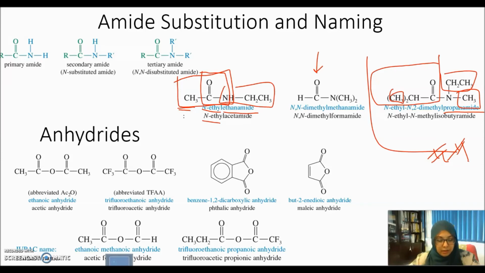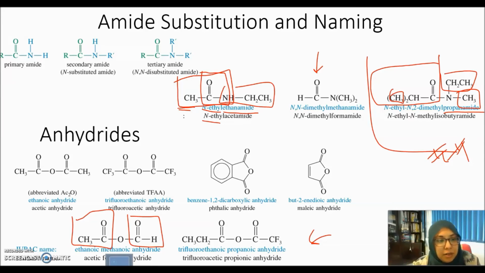Now something different, anhydride. Not a different one, but essentially what you're going to do is just spell out what we have. For example, like ether, ethyl propyl ether. Likewise here, what you do is just tell whatever you have. For example, this one you have this met part, 1 carbon, and then you have et part, 2 carbon. So ethanoic methanoic anhydride.